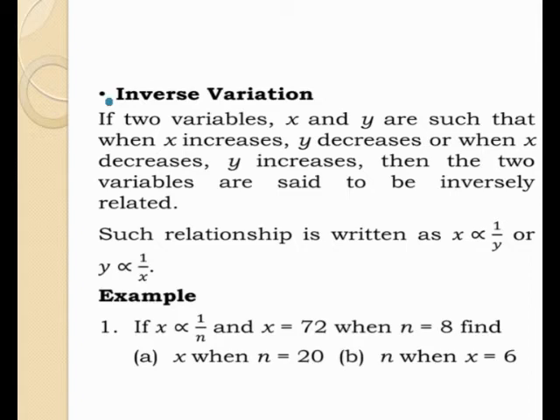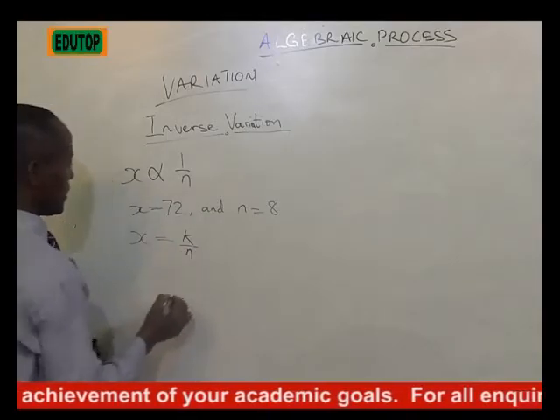Now remember the other time we said if you have to replace this proportionality sign, replace it with an equal to sign and then k. So we will now be having something like this: x is equal to k all over n.